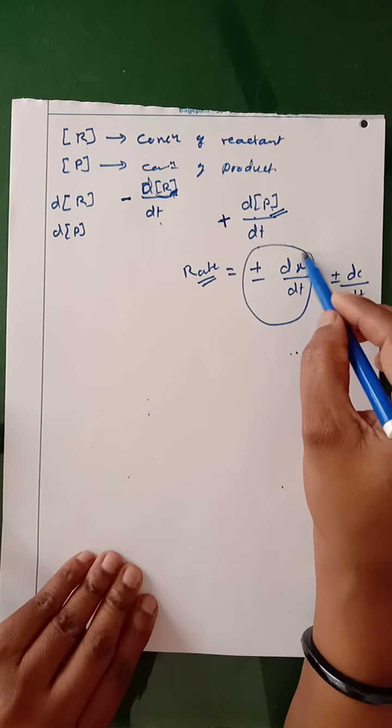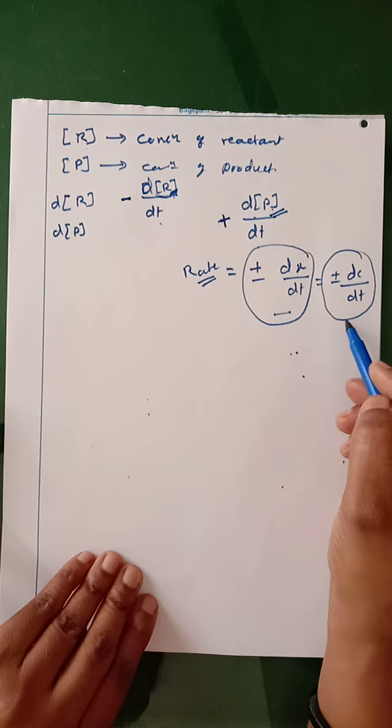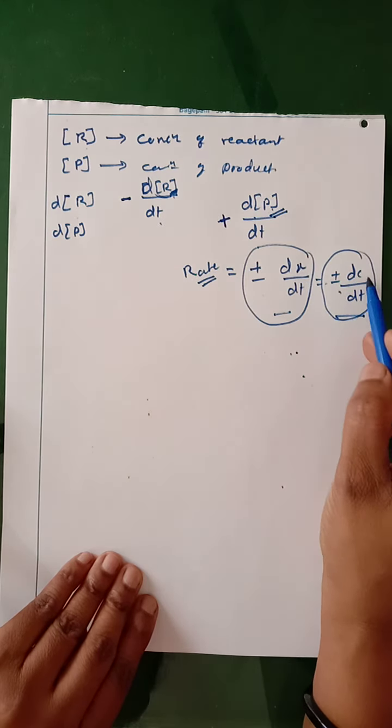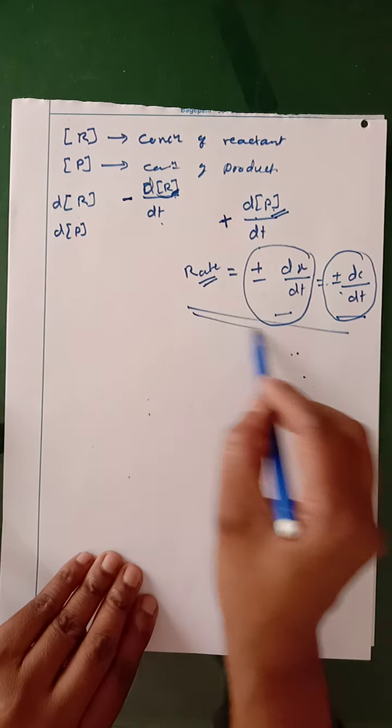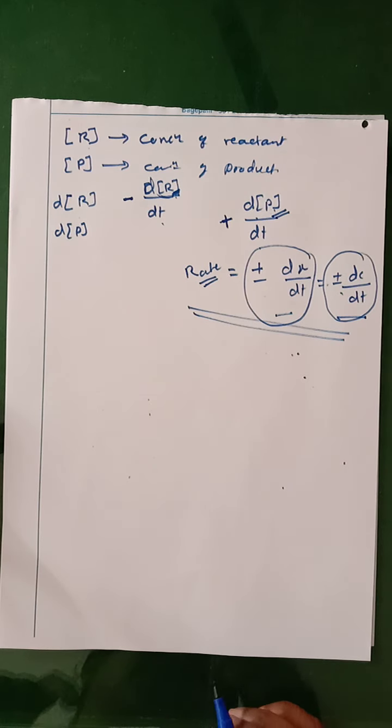This is called the rate of reaction. So what is the rate of reaction? The change in the concentration of either reactant or product with time can be taken as the rate of reaction.